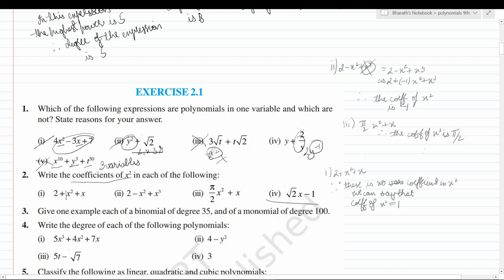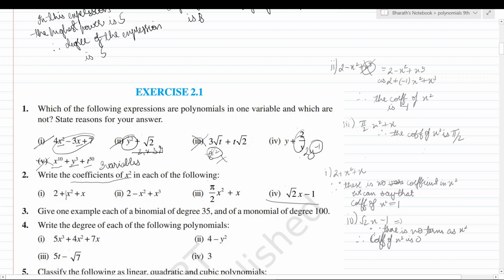Same way in the fourth question, root 2 minus x. But here's the trick, there is no x square. Since there is no term as x square, the coefficient of x square is 0.